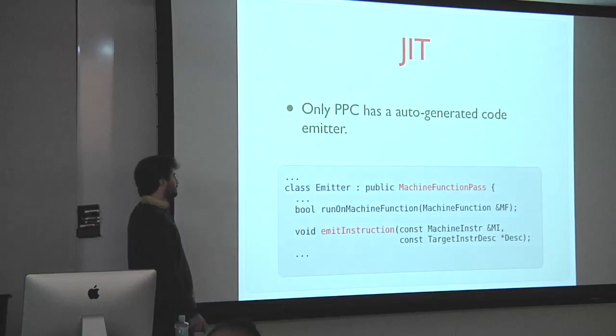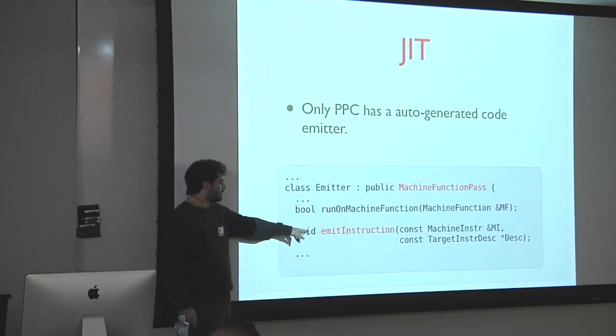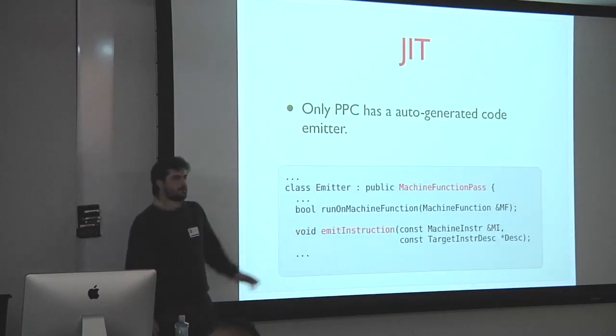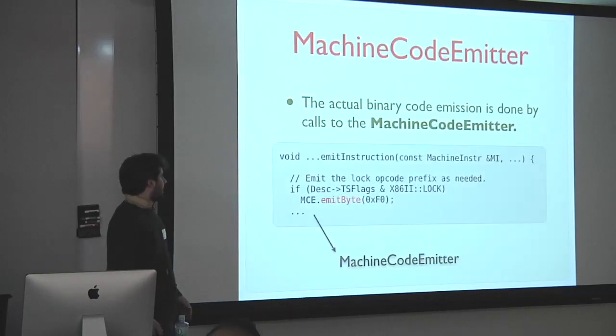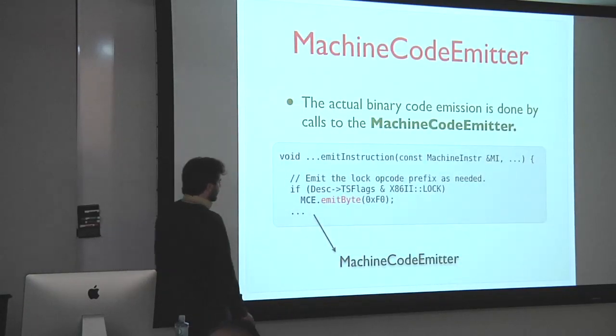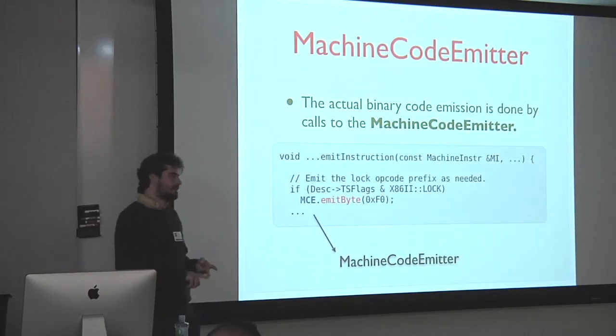So here we have a regular emitter for the JIT. And then we have this method, emit instruction, which will effectively emit the encoding and the instruction itself to memory. And this is done through the machine code emitter. So first we have the backend target-specific emitters, like the x86 emitter and the PPC emitter.